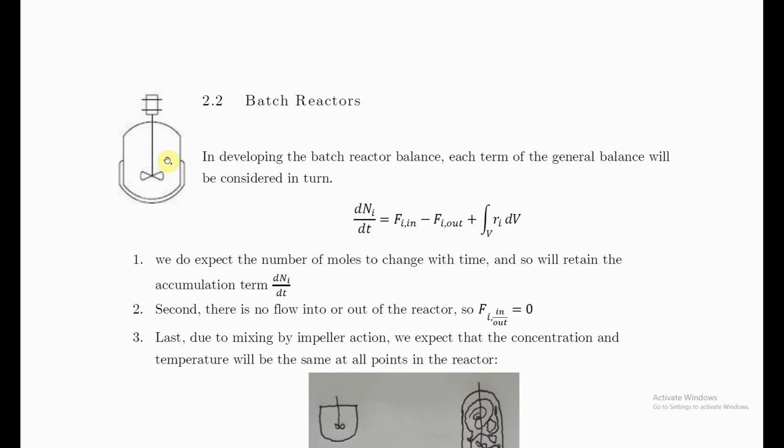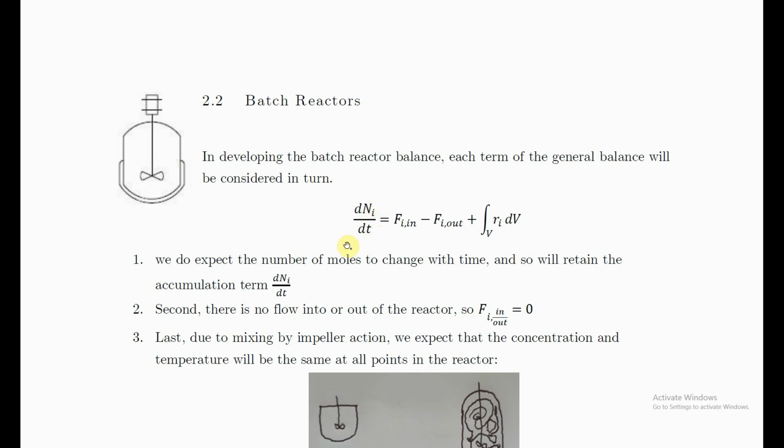Now, for example, if it's a reactant component, then that component is going to disappear over time. So we acknowledge here that this change in the number of moles of I is likely not to be zero.